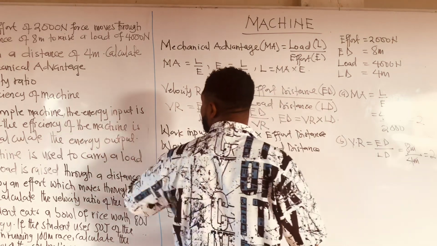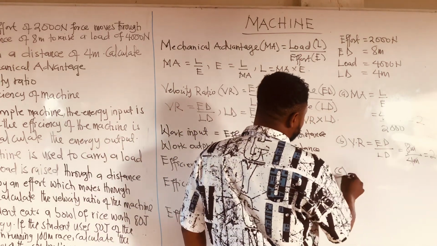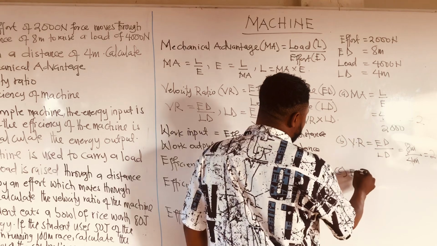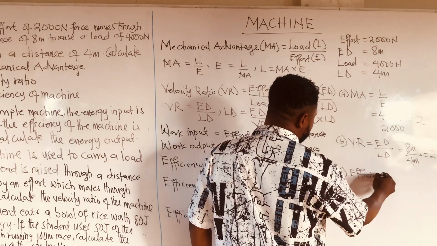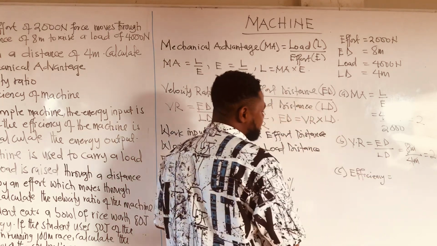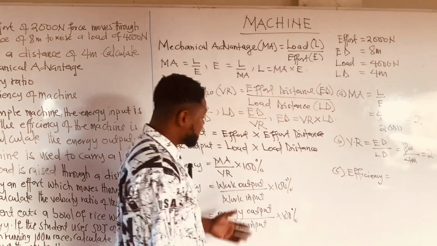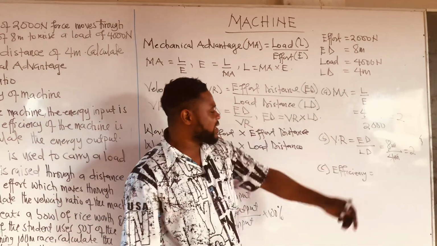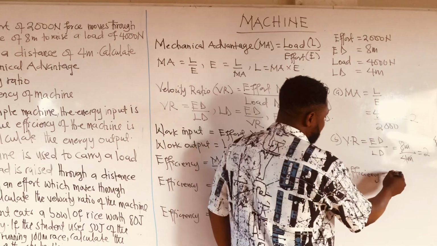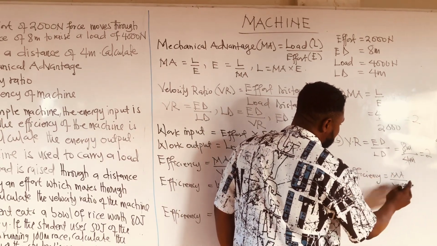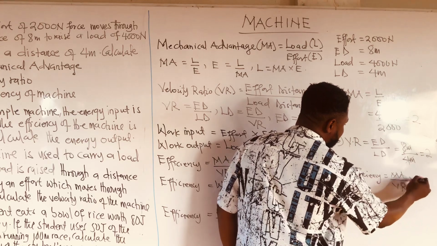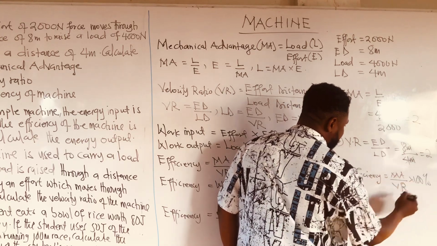Let us look at our C. With the C, we are looking for efficiency of machine. From the formulas, we have plenty, but from what we have here, we can use mechanical advantage over velocity ratio expressed as 100%.